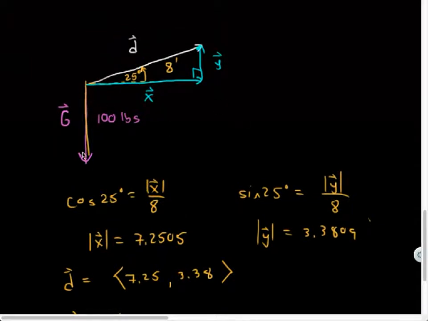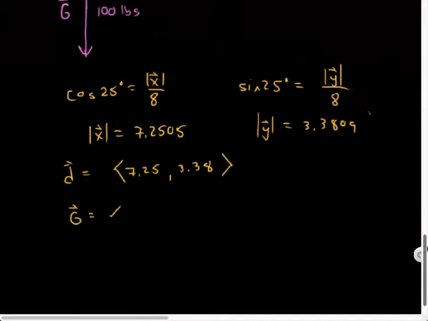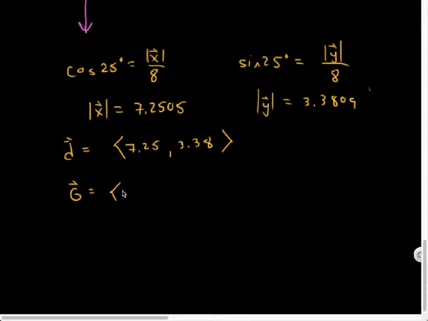Well, for the gravity vector, if I tried to draw a triangle representing this as its resultant, it's not going left or right. So the horizontal component is 0. And the vertical component, it's going down 100. Let's see, work.